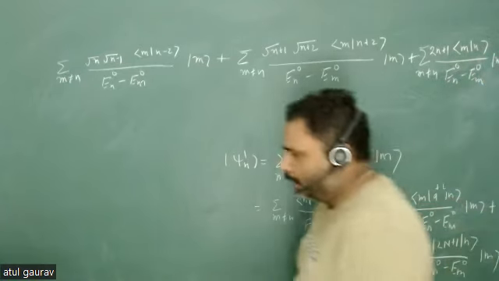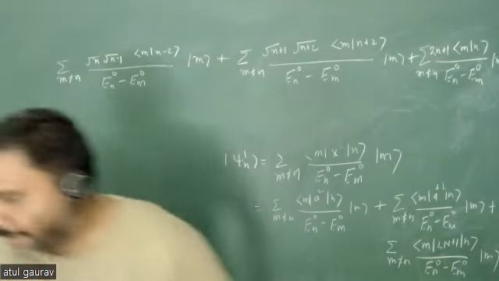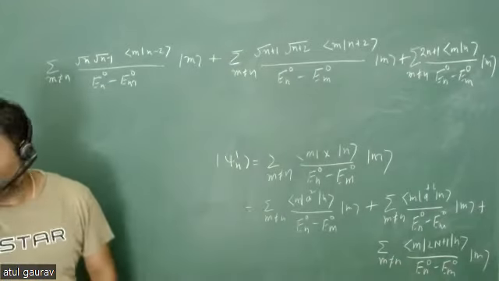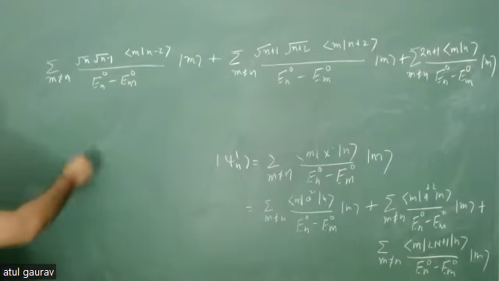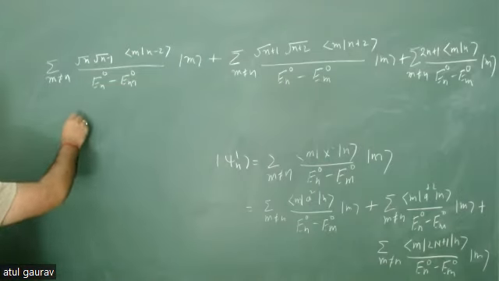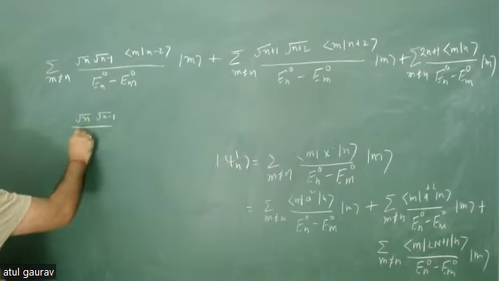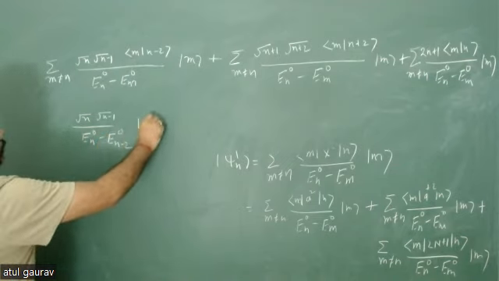My goodness, it's a wonderful problem, isn't it? Sir, the third term will be 0. The third term will be 0, but we will do that now, we have not made anything 0 yet. Which term is going to survive for m here? m equals n minus 2, all other terms will be 0. So here is E_n^(0) minus E_(n-2)^(0), and |n minus 2>.